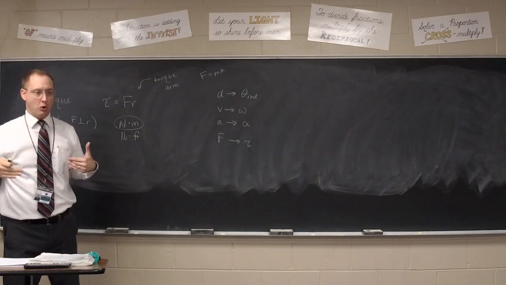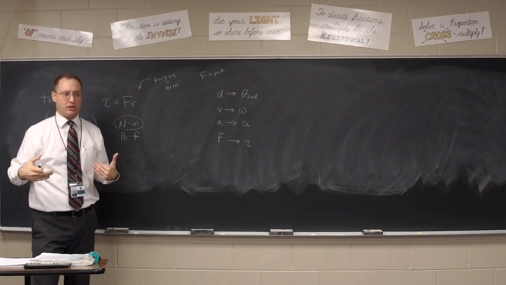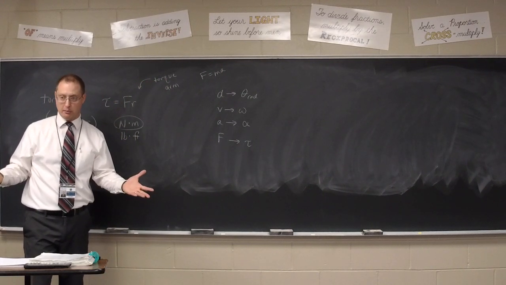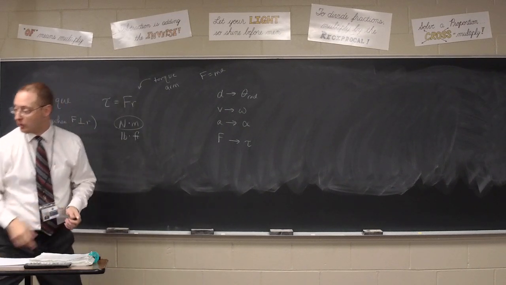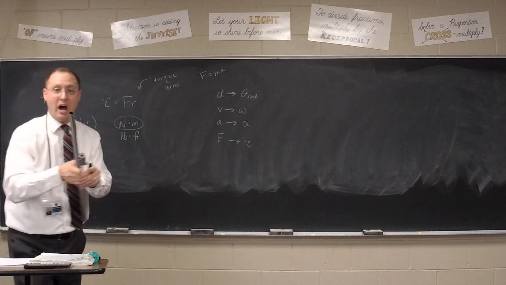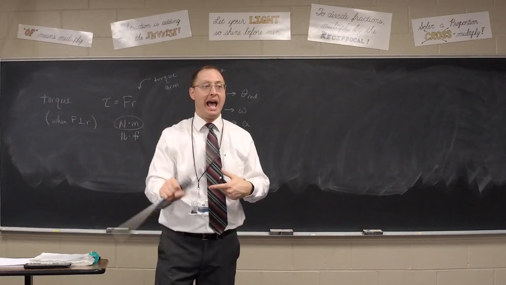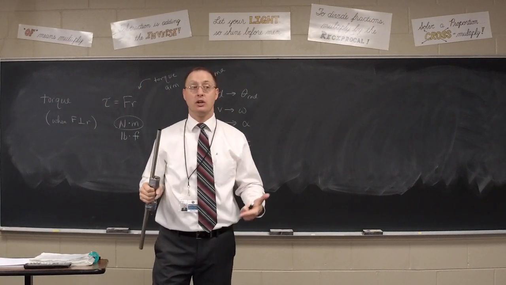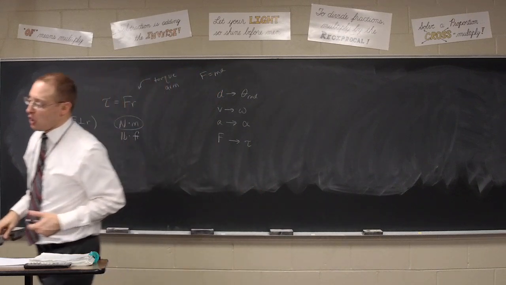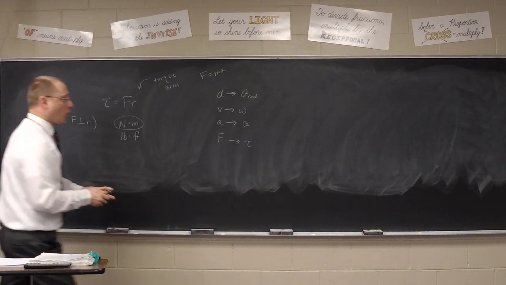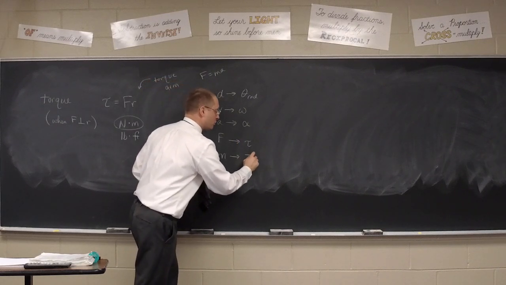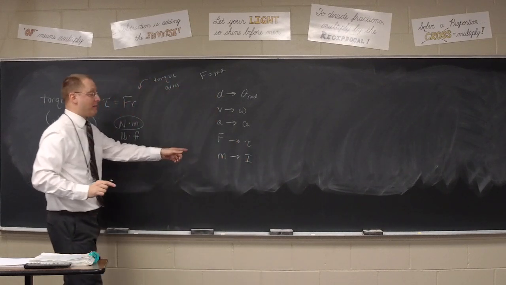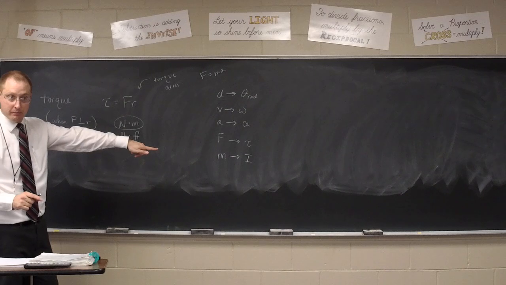Because in linear motion, straight line motion, all that really matters is how much mass the object has that you're trying to move. But when you're trying to spin an object, it's not just about how much mass it has, but how the mass is distributed. So mass even is going to give way, because mass isn't the only thing we're concerned with. We're concerned with mass and the distribution of the mass, rotational inertia.